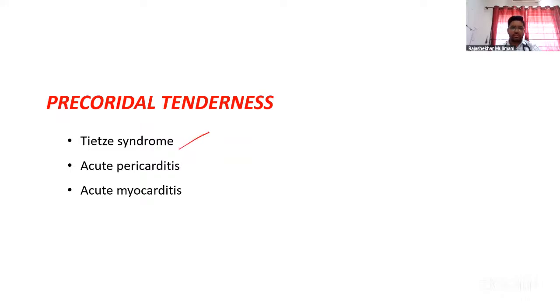Tietze syndrome, we know, is also called costochondritis. Sometimes pericarditis can have tenderness. Very rarely myocarditis can have tenderness, but it is usually due to an overlying pericarditis. So there are two diseases which can produce precordial tenderness. One is costochondritis. Apart from trauma and all these things, the very important cardiac pathology that can produce precordial tenderness, especially direct sternal tenderness, is pericarditis.